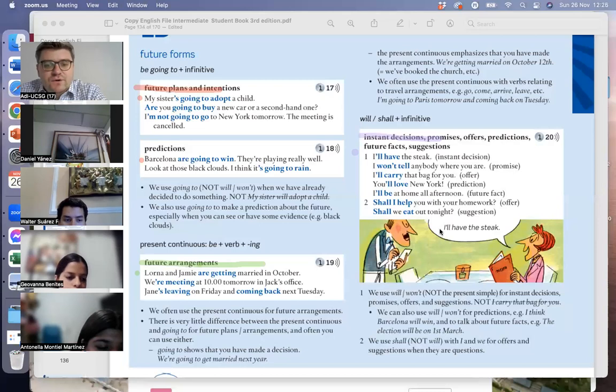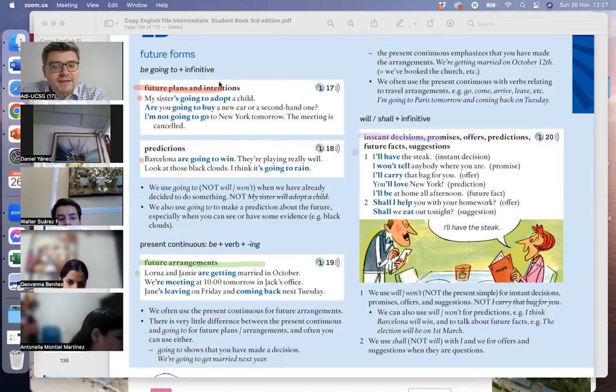So the only particular difference between be going to and the present continuous when we talk about future arrangements is the involvement. When we say we're going to shows that you made a decision, if I want to say that I made a decision and this is my plan, then I would be better to use be going to plus infinitive form.